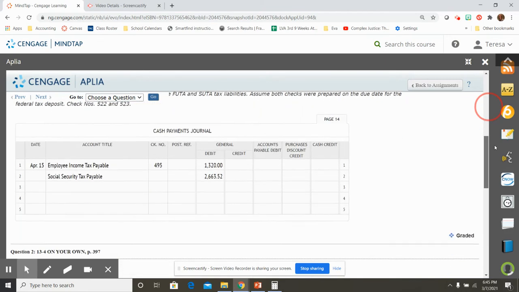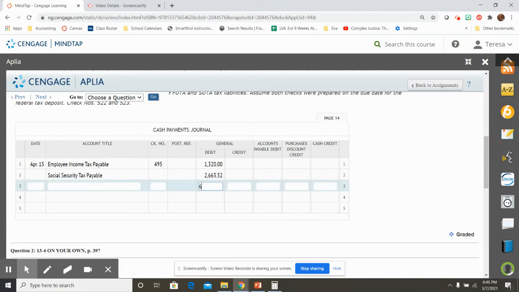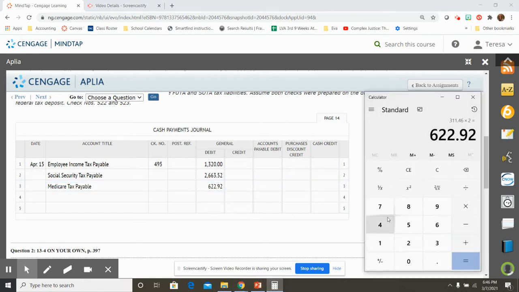Again, if we were looking in the general ledger, you would be able to just pull that number from the credit side. So I kind of worked backwards there because I had the number in my head. Medicare tax payable. Now I want to take these 3 numbers, add them together, and that's going to give me the amount of my check.